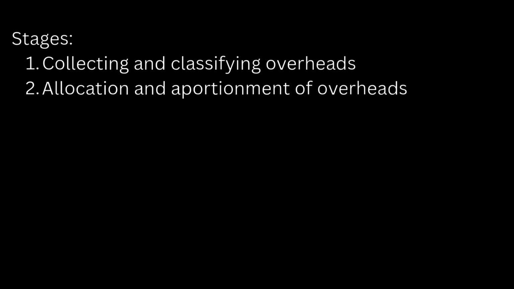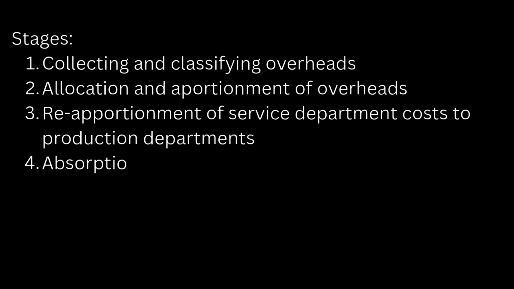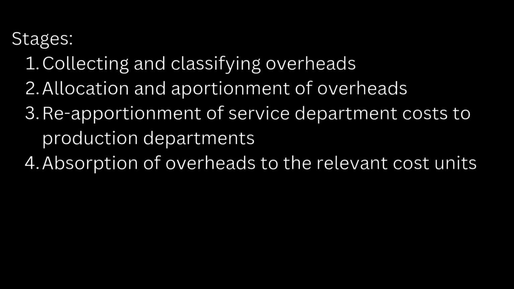Then we have allocation and apportionment of overheads. Then the third one is reapportionment of service department costs to production departments. After that, we finally absorb these overheads to cost units or cost products. So let's dig a bit deeper into these stages.